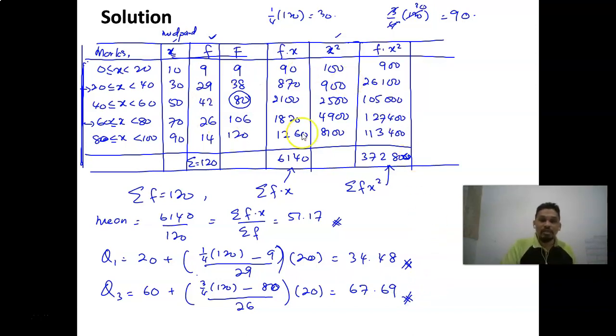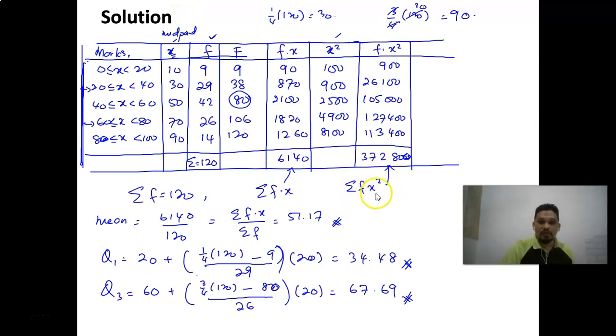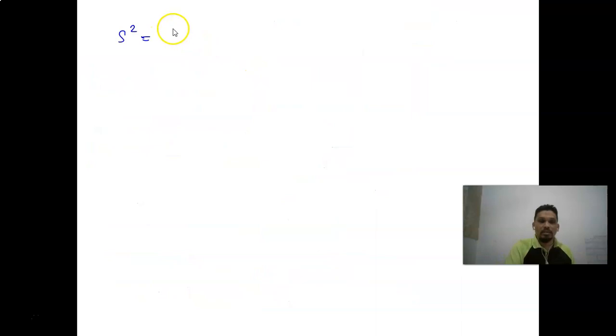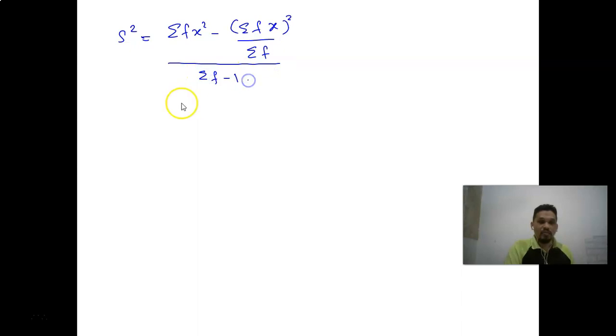Okay, so from this data, we continue our discussion of the solution. Variance equals the summation of fx squared minus the summation of fx, 6140, in brackets squared, divided by the summation of f, and everything divided by the summation of f minus 1.